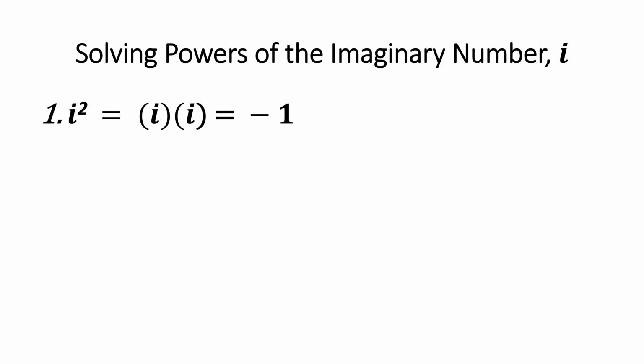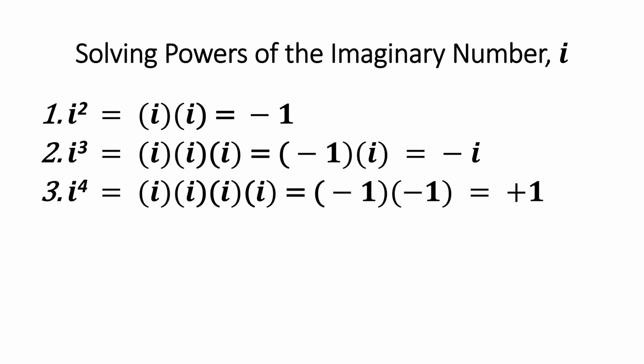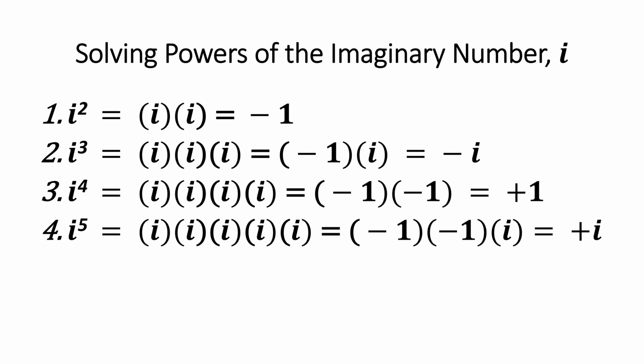Now let's solve some powers of i. i squared equals i multiplied by i, which is -1. i cubed is -1 multiplied by i, which gives -i. i raised to the fourth power is -1 multiplied by -1, which is +1. i raised to the fifth power is -1 multiplied by -1 multiplied by i, which gives +i.